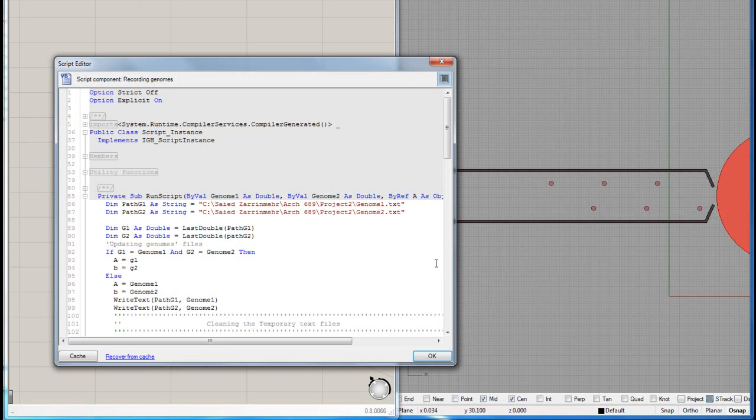When the input changes, whether manually or by an action taken by Galapagos, this node will first update the content of the text files to the new chromosomes, then it will return the value of the text files, which are the new chromosomes, and finally activates the toggle.